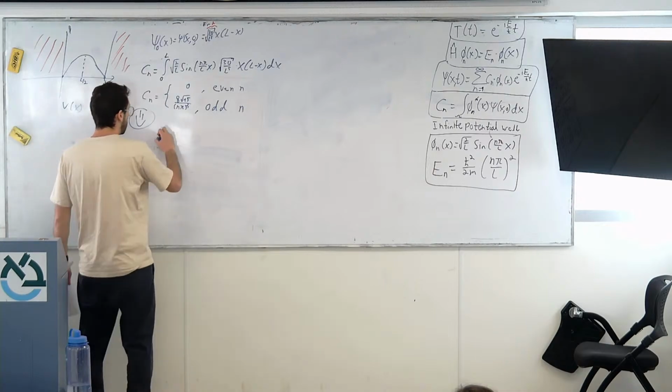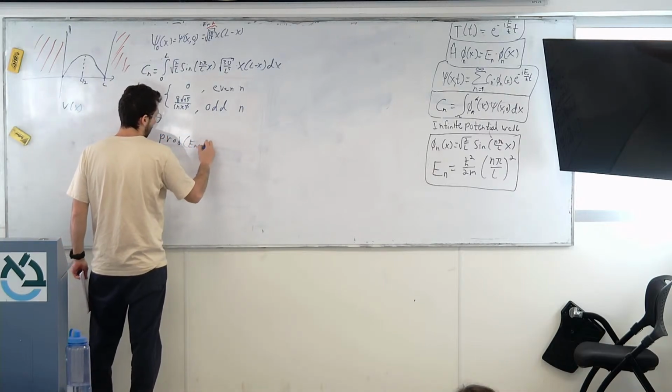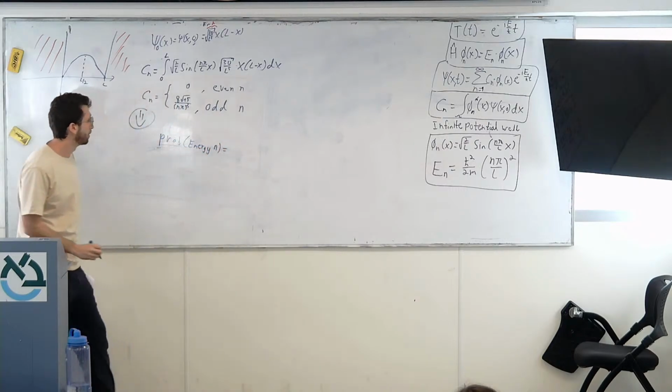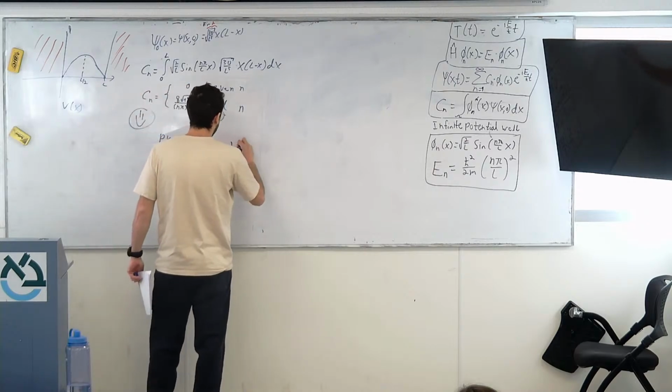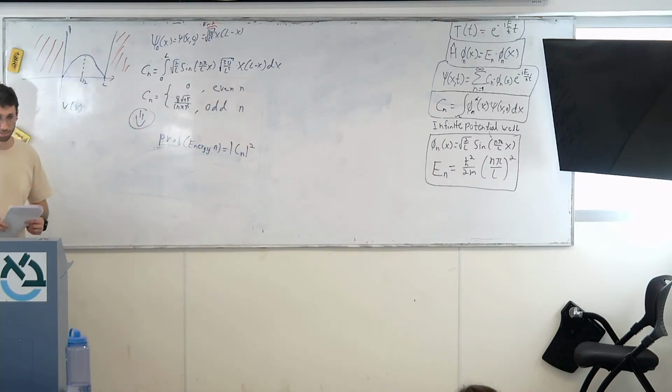What is the probability to be at energy n? What will it be equal to? Cn squared. Exactly. Cn absolute value squared. Perfect.